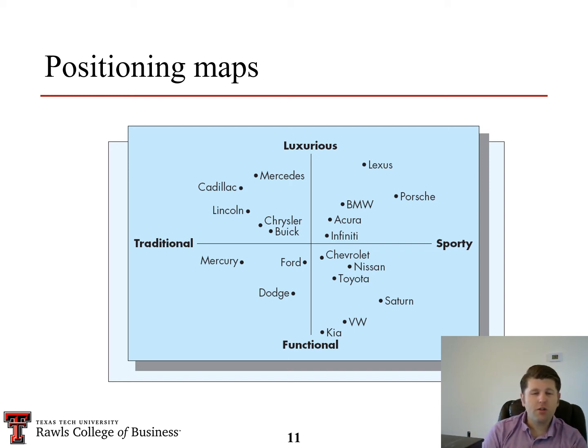So it's not really traditional, but it's not really sporty either. But we can position our products or our services or even our company on a positioning map and determine where it fits compared to other companies, other products, other services. This is just an example based off of car brands.